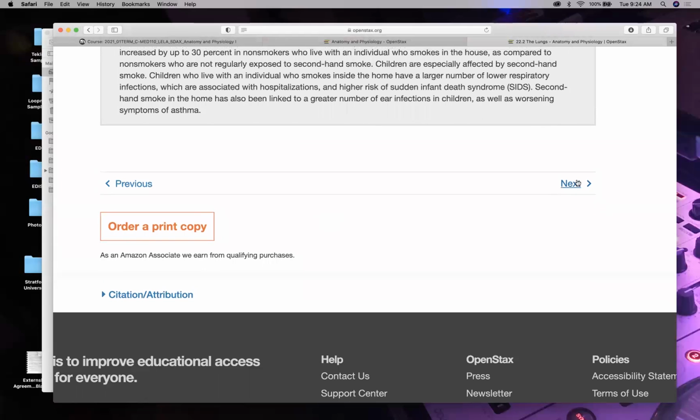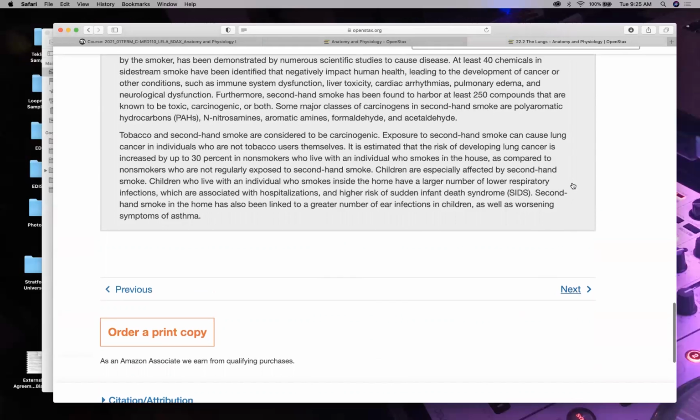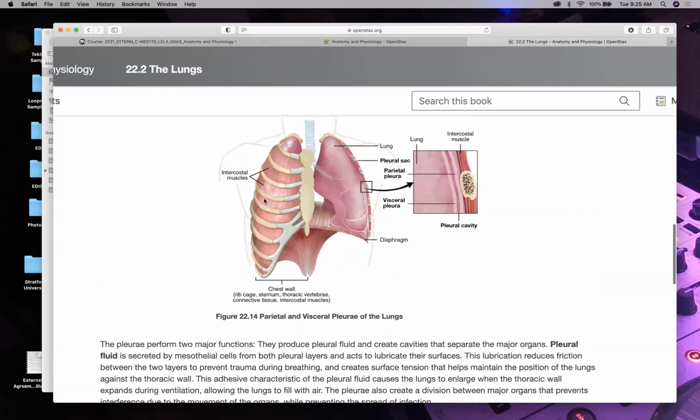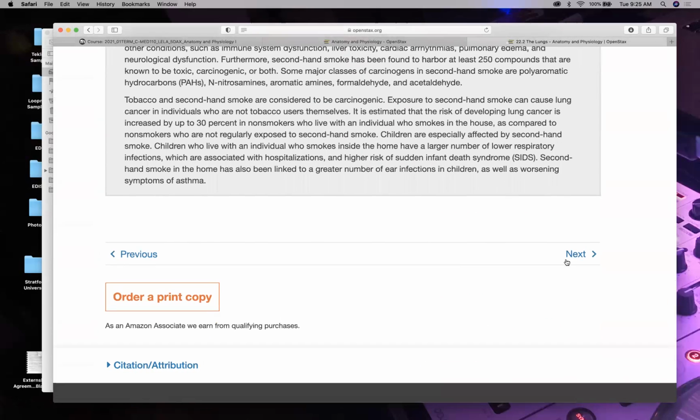Because remember, if you remember diffusion, gas acts just like any other particle. Gas moves from a pressure gradient of high to low, right? And your muscles, these two sets, intercostal and your diaphragm, create that pressure.